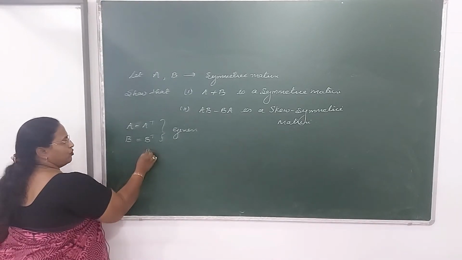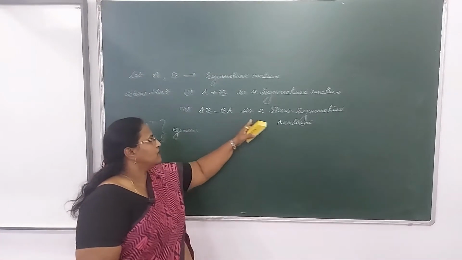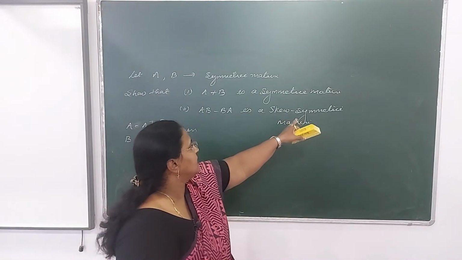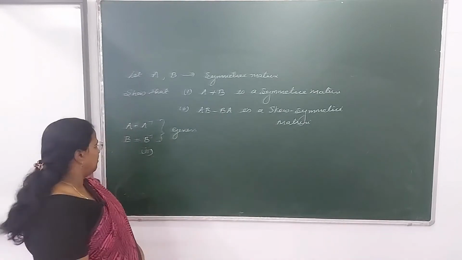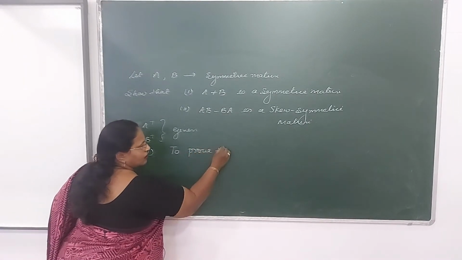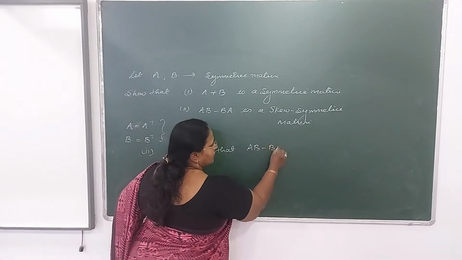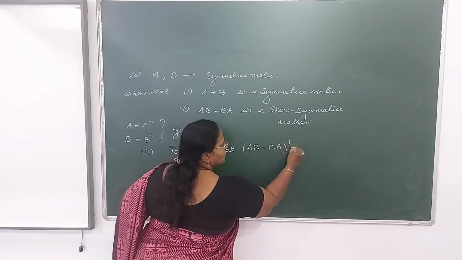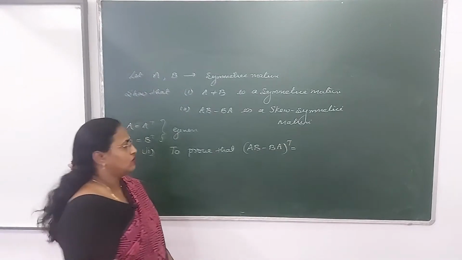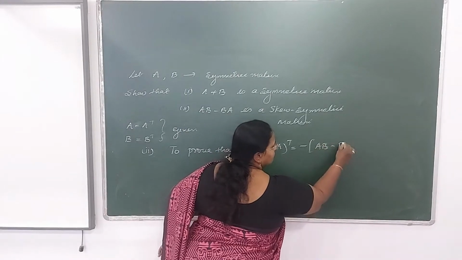Okay, now see the proof of the second one. AB minus BA, you have to prove that it is a skew symmetric matrix. That means actually here you have to prove that AB minus BA whole transpose is equal to minus of AB minus BA.